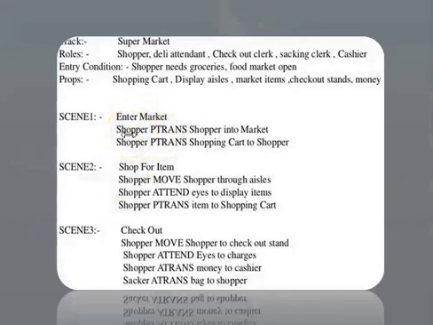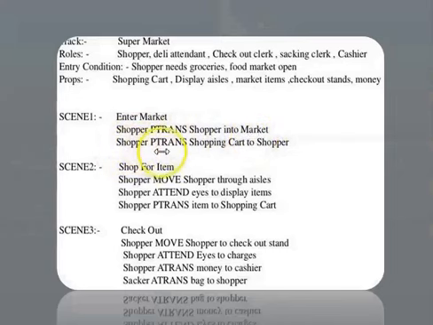So his physical location is being changed from one location to another, and the physical location changing primitive is P-trans. We have seen that. So shopper, P-trans, shopper: his physical location is moved from outside to into the market.